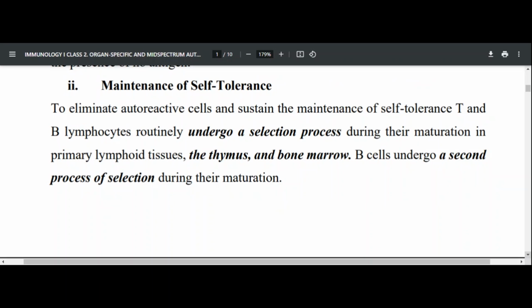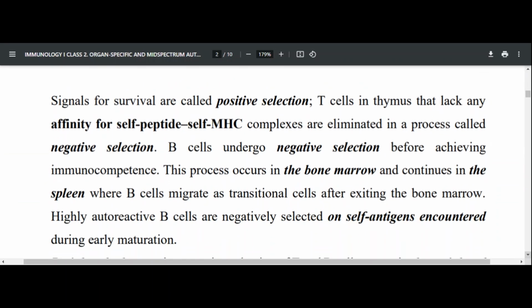B cells undergo a second process of selection during their maturation. A signal for survival is also called positive selection. There will be a signal for survival, which means the cell is ready to grow and become a mature functional cell, which means the cell is not reacting to self-antigen.